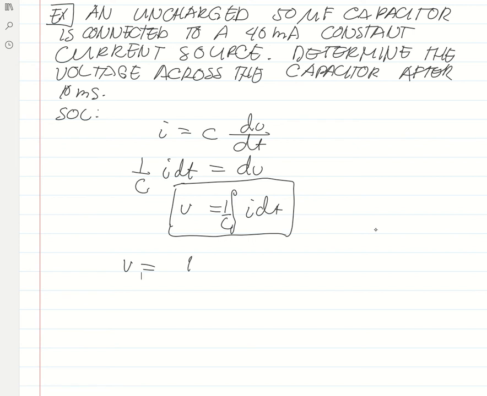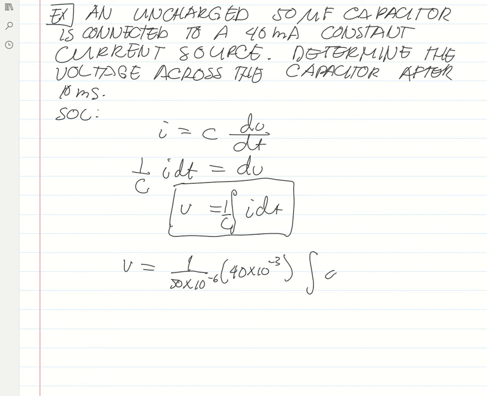So this will be 1 over 50 microfarad, so 50 times 10 to the negative 6, it's micro. Then we move the current outside the integral sign. So this will be 40 milliamps, times 10 to the negative 3.